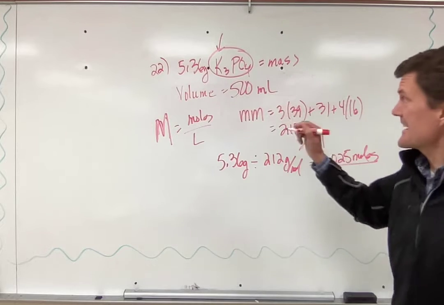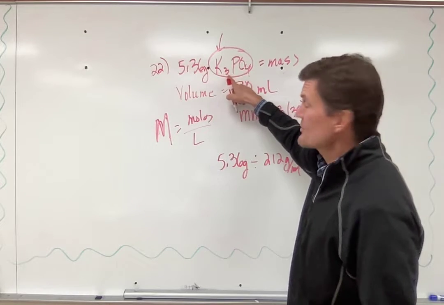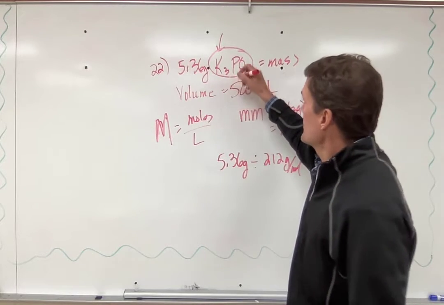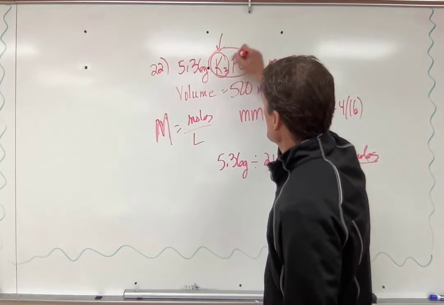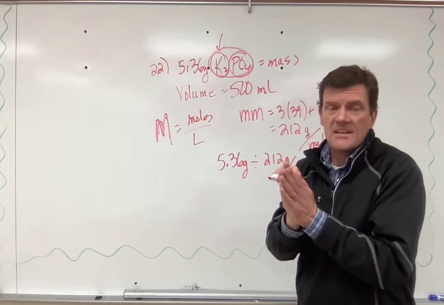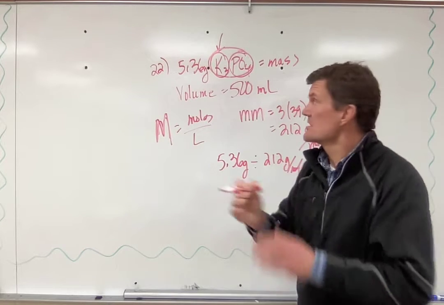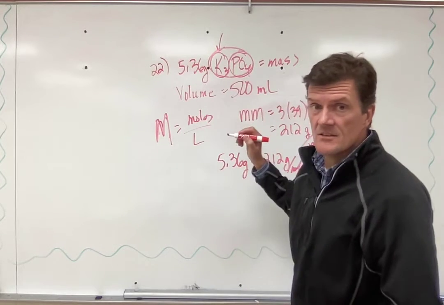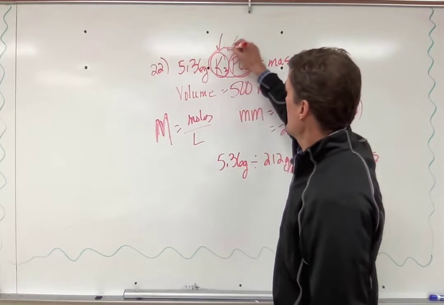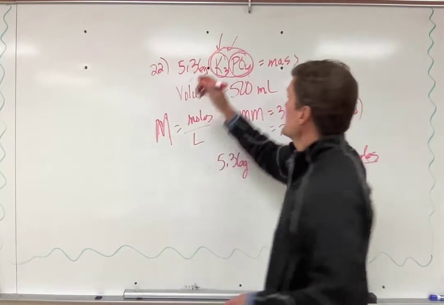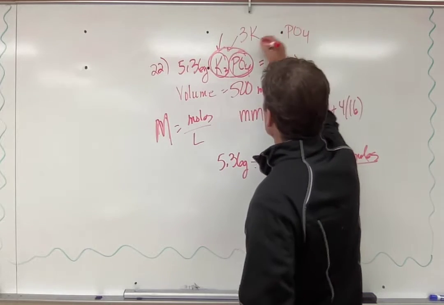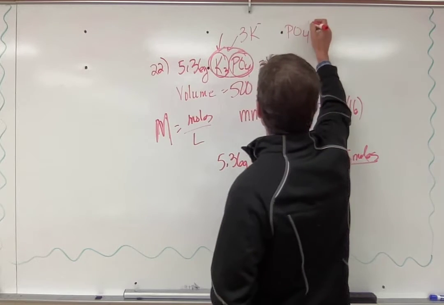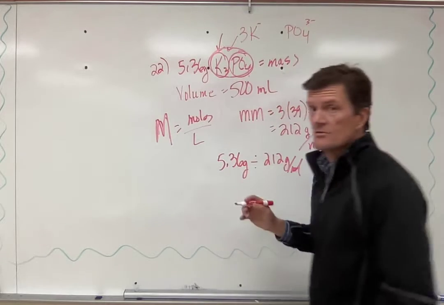Now, inside that compound, look here, it's K3 and then PO4. This is an ionic compound. K and PO4 are being held together because they have opposite charges. There are 3 Ks in there. So when this is put into water, it breaks apart into 3 Ks and a PO4. The K is a positive charge, the PO4 is a negative 3 charge.